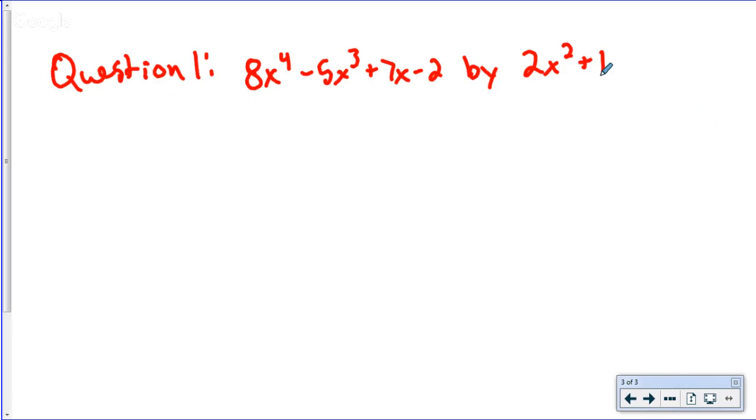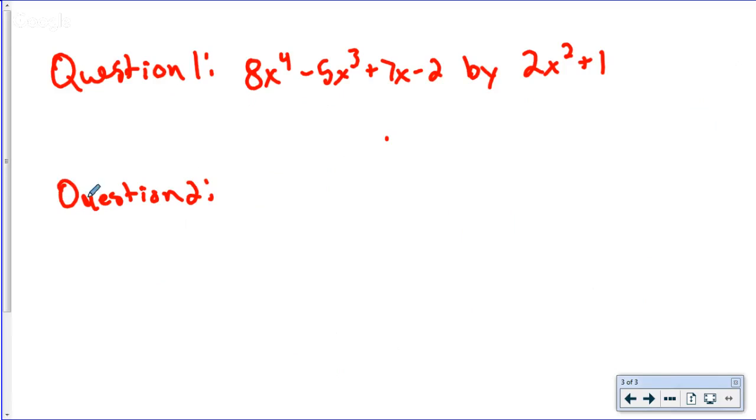And what is something special I have to do? I talked just briefly about something special you have to do if things are missing. So what do I have to do special with this one? Maybe just set this problem up. Don't do it unless you really want to, but set it up and see what method you're going to use and what special thing you're going to have to do.